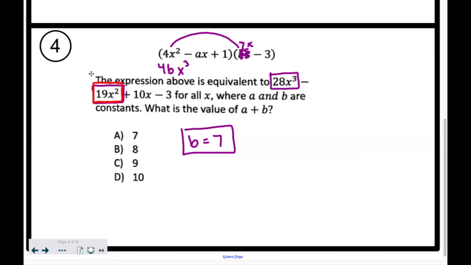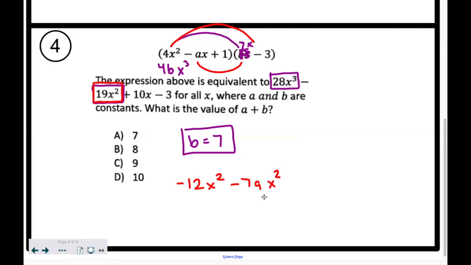I'm going to pick out the combinations that would give me x squared. That would be 4x squared times negative 3, which gives me negative 12x squared. And the only other combination that will give me x squared would be negative ax times this 7x, which is negative 7ax squared.